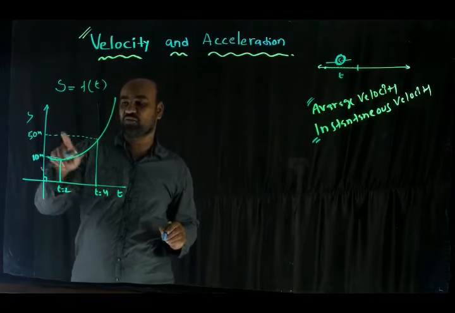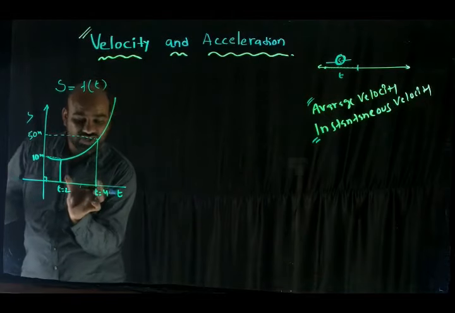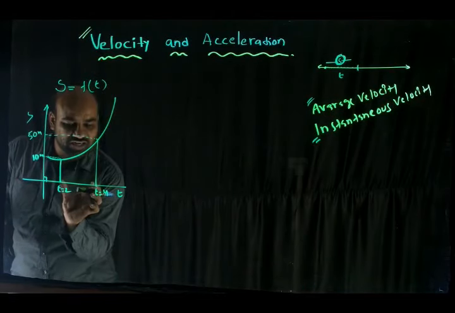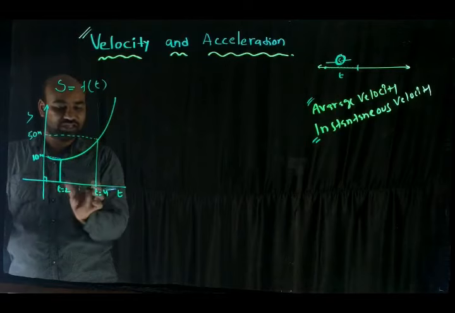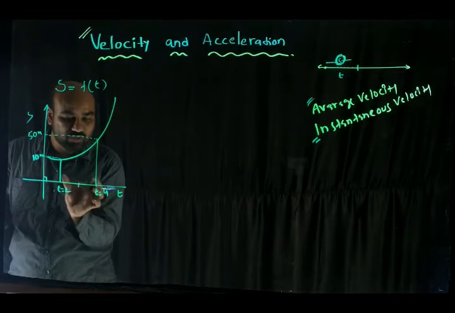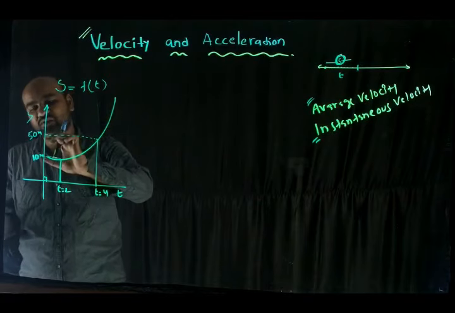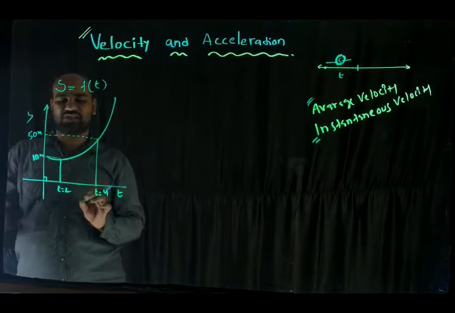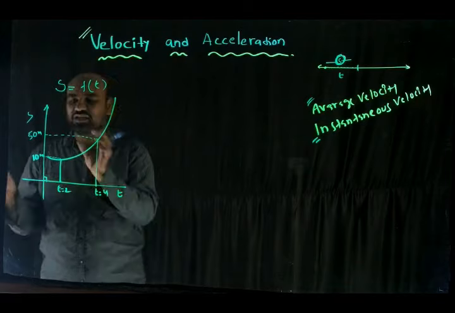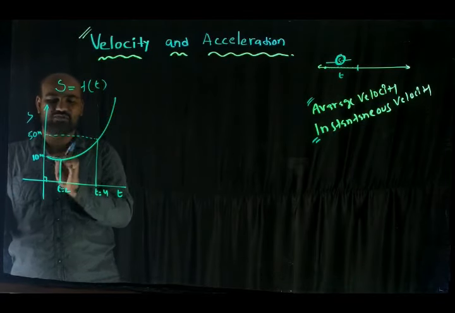At t equal to 4 seconds, the distance traveled is 50 meters. So in this time interval, what is the distance traveled by the particle? The time interval is 4 minus 2, that is 2 seconds, and the distance traveled is 50 minus 10, that is 40 meters.